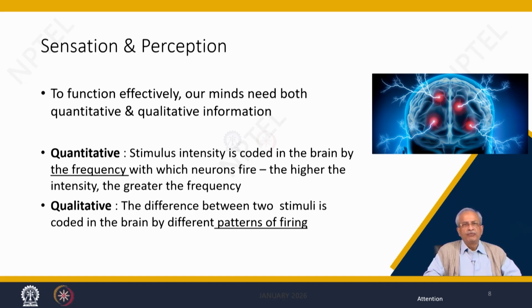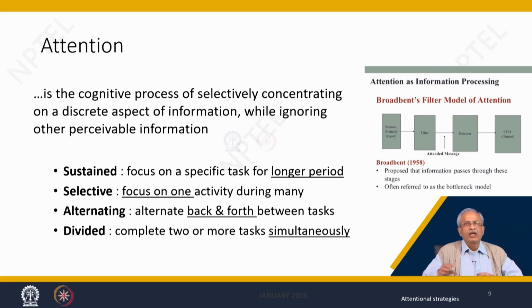If you remember what we just spoke about in the cognitive architecture of the brain, after sensation, which is acceptance of the energy, and perception, which is interpretation of the energy, it is time for attention to catch hold of it. Attention is a cognitive process in which we selectively look at certain objects.